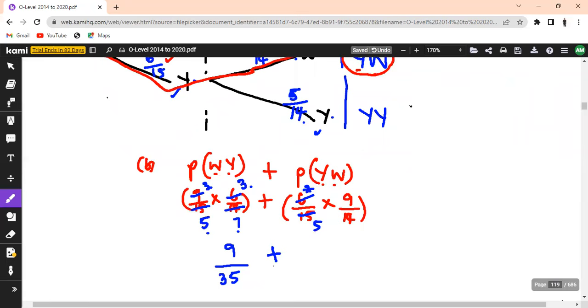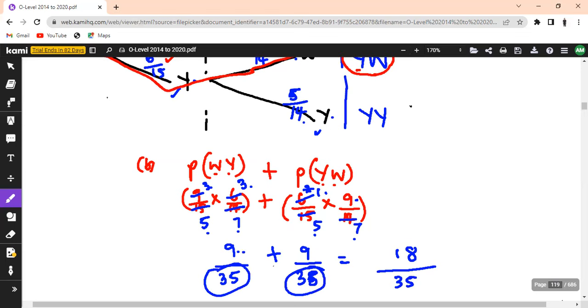By 2 here, which is 1, by 2 here, which is 7. So it's 9 times 1, which is 9, over 5 times 7, which is 35. So if we add 9 plus 9, it gives us 18/35. Remember, the denominators are the same, so you just add the numerators. 9 plus 9, that's 18/35, just like that.